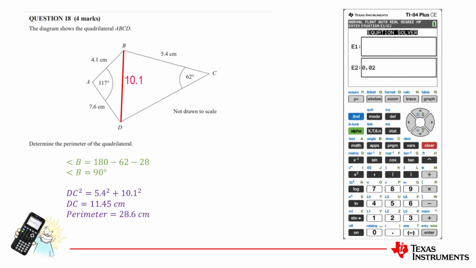So my C, that 10.1, I'm going to use as equation 2. And for my first equation, I'm going to have 5.4 squared plus x squared, so that unknown I'm going to replace for B, minus 2 times 5.4 times x.